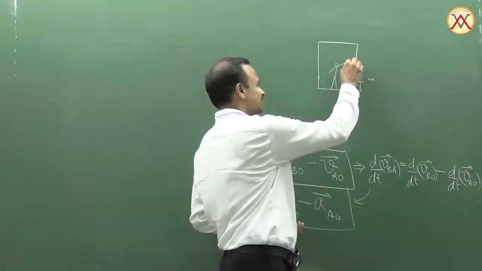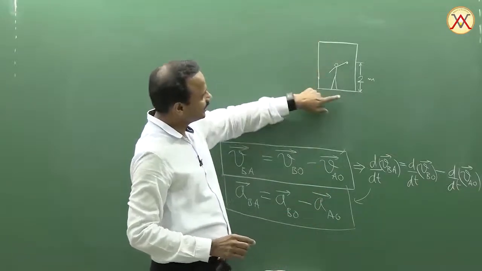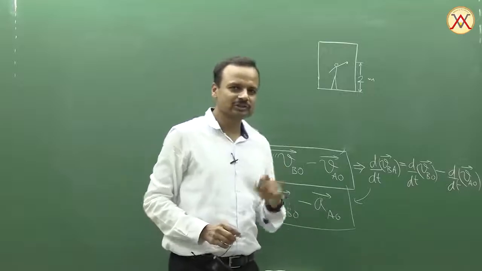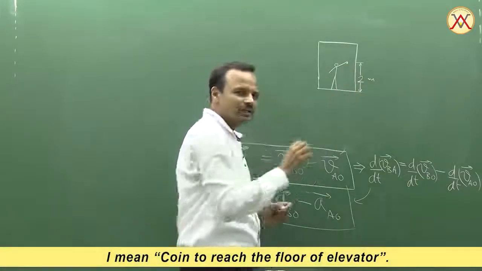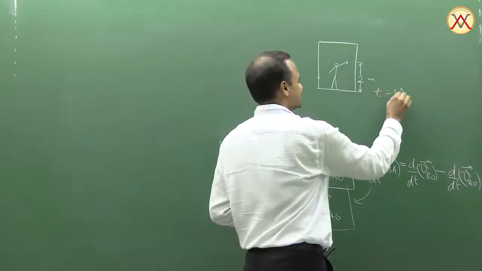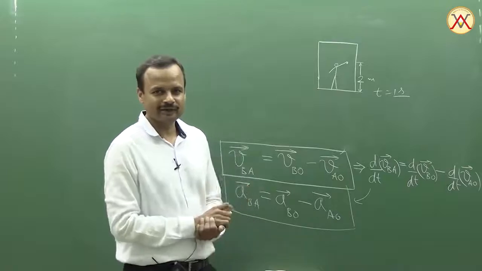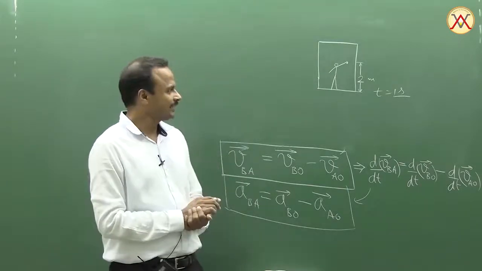What he does is, he simply drops a coin from a height of 2 meters above the floor of the elevator, and he observes that the time taken by the coin to reach the floor of the elevator is 1 second. After 1 second, the coin hits the floor of the elevator.